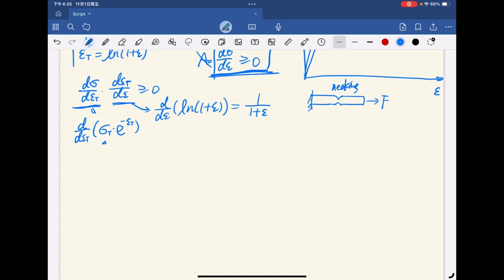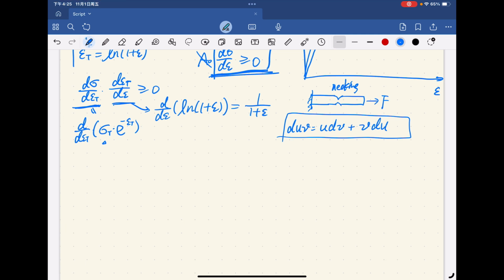So you need to use another rule, like d of uv equals u dv plus v du. You need to apply this equation to solve this.